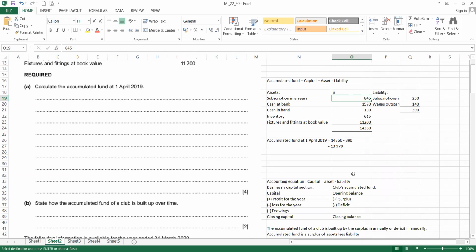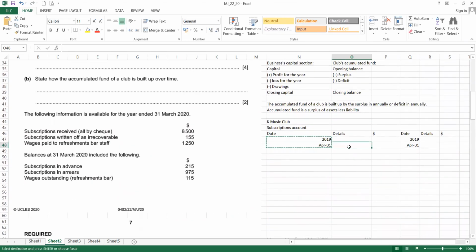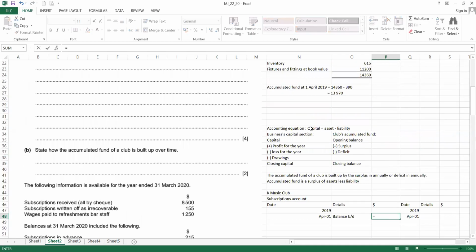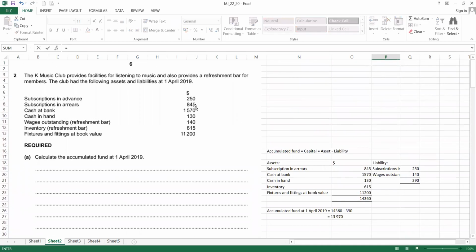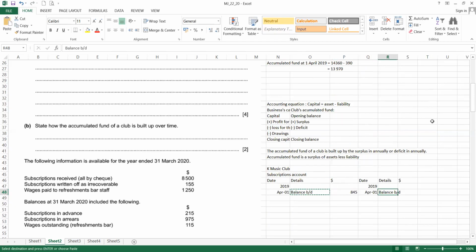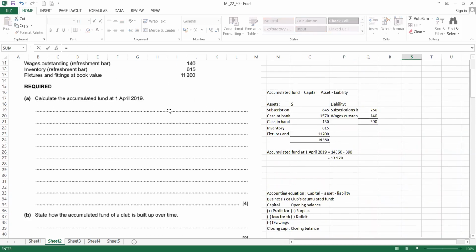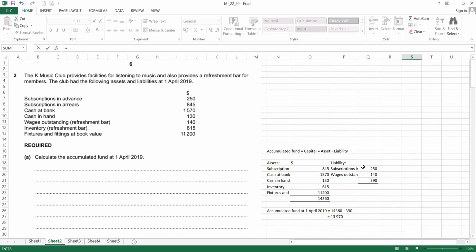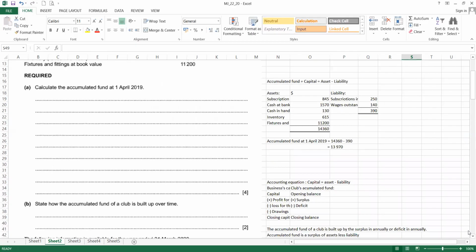Asset is in the debit side. So in here, balance brought down on the debit side, amount is 845. In the credit side, another balance carried down, but this one is a liability. And this liability is from where? From here, subscription in advance, 250.